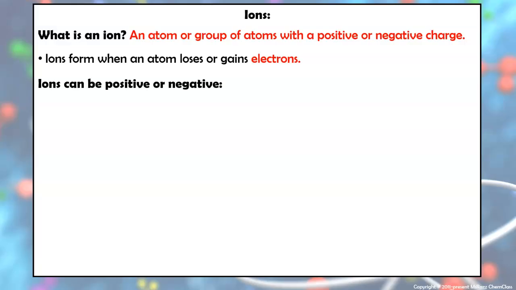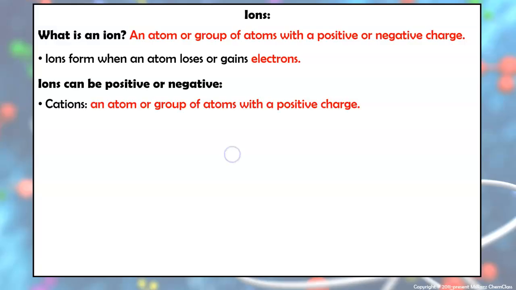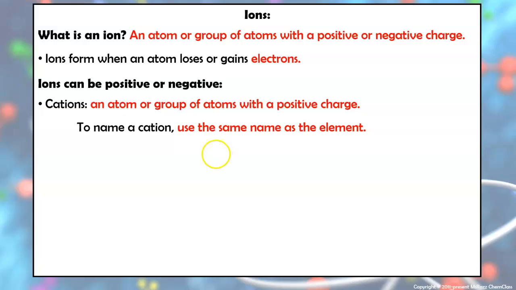Ions can either be positive or negative, where a cation is an atom or group of atoms with a positive charge, meaning they have more protons than neutrons. Or I'm sorry, not neutrons, electrons. Okay? To name the cation, we use the element's name. So whatever the element's name is, that's the name of the cation or the name of the ion.